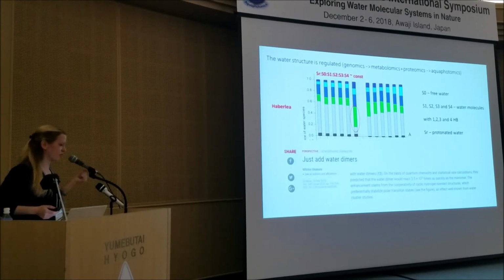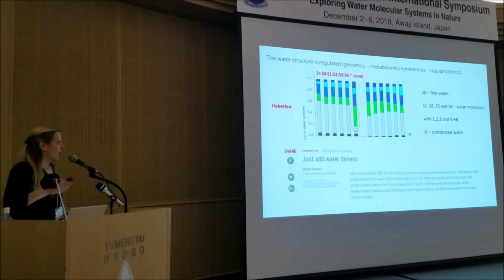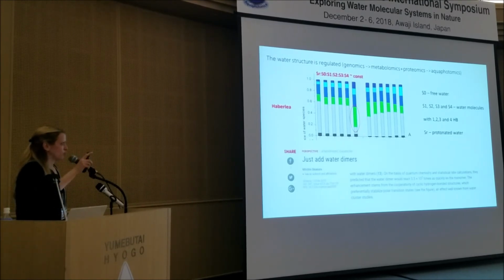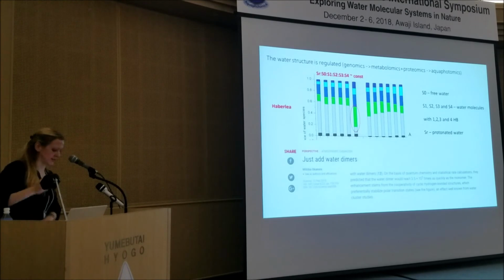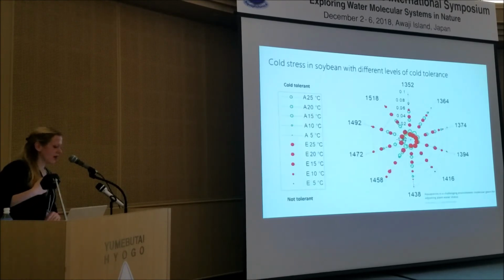This recovery happens within hours. What I wanted to point out by mentioning these sugars is that the resultant water structure comes from genetics. It starts with genetic information leading to various metabolites and proteins that function together to create this type of water structure that has this type of functionality.